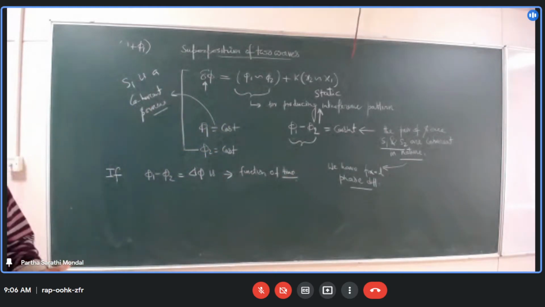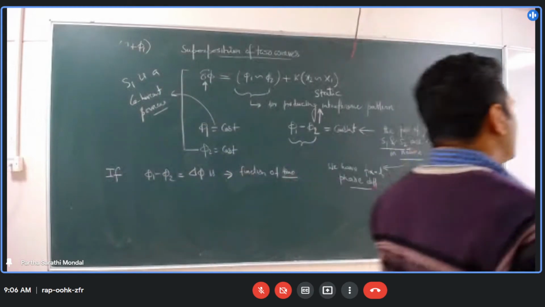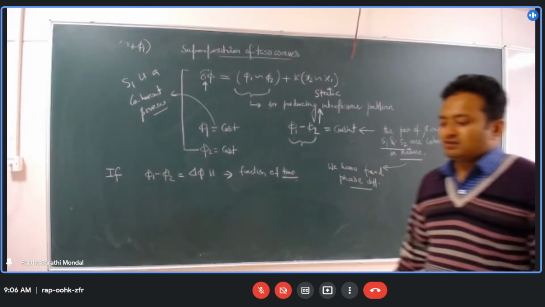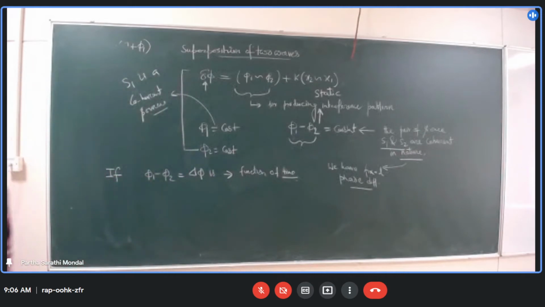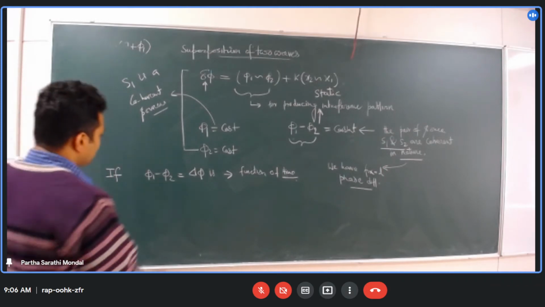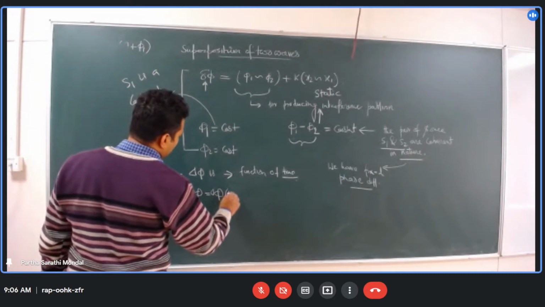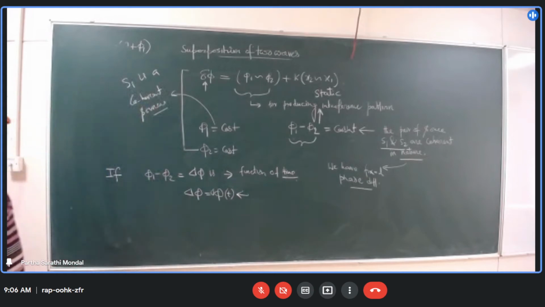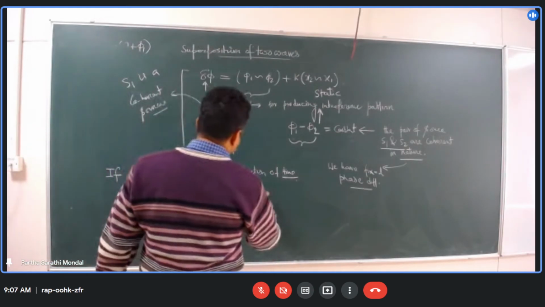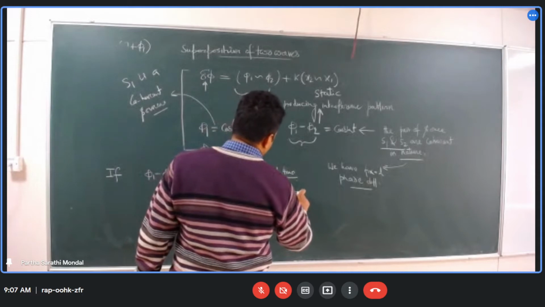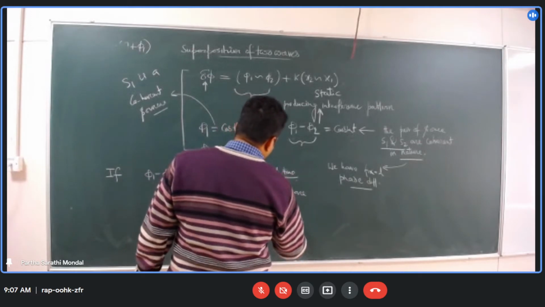Suppose when it started, the difference was, let's say, 2 degrees, then after some time 3 degrees, after some time 0 degrees. It can be random, or it can maintain some relation. If you have a random correlation, there is no fixed difference, then you can say that delta phi is a function of time. Then we say that S1 and S2 are non-coherent sources.